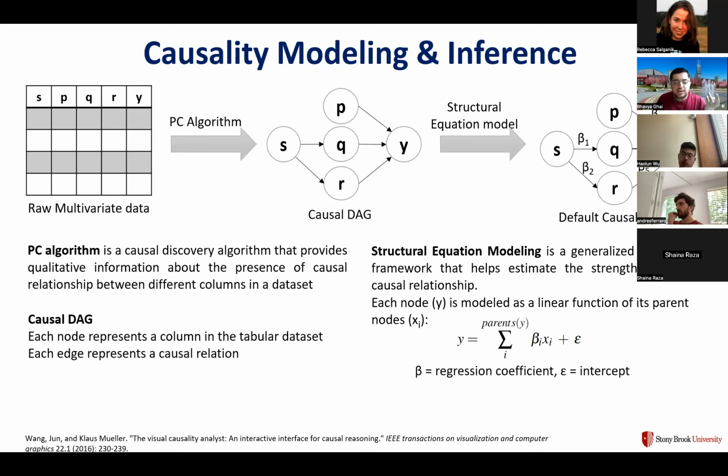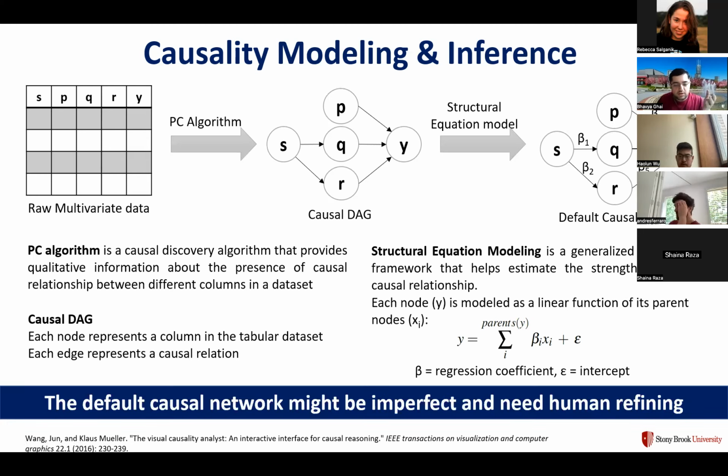In other words, we can think of it as a bunch of regressions where each node is modeled as a linear function of its parent nodes. For example, the node Y might be modeled as a function of its parent nodes, that is P, Q, and R. And here the betas are the regression coefficients. So the strength of each causal relation is defined by the standardized beta coefficient.